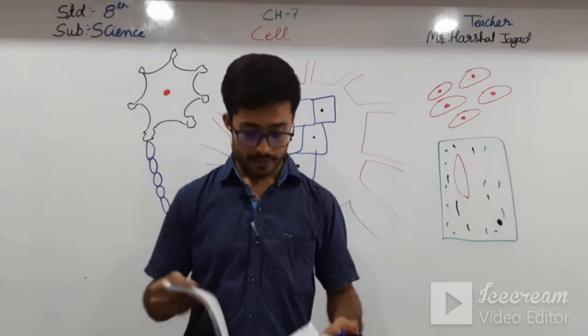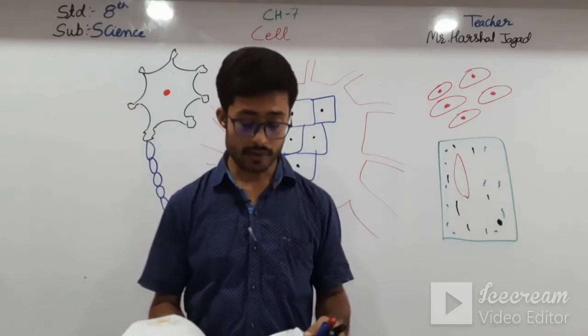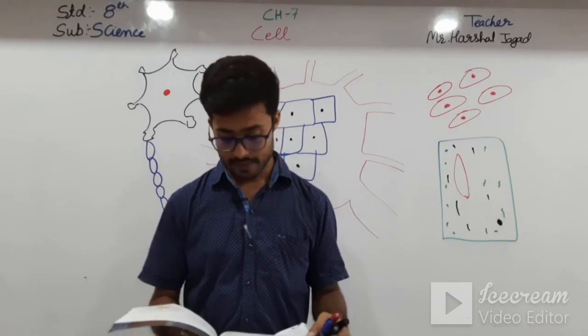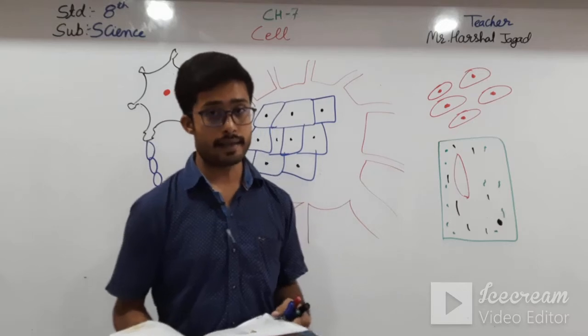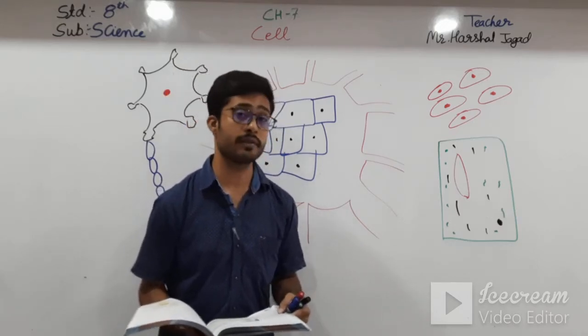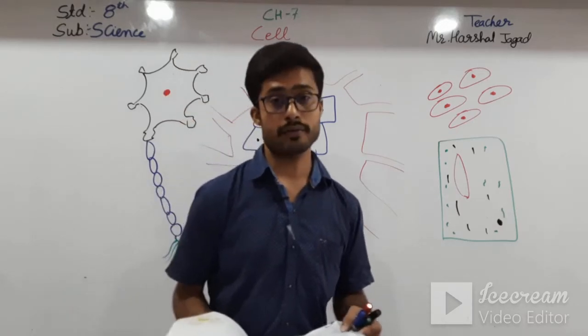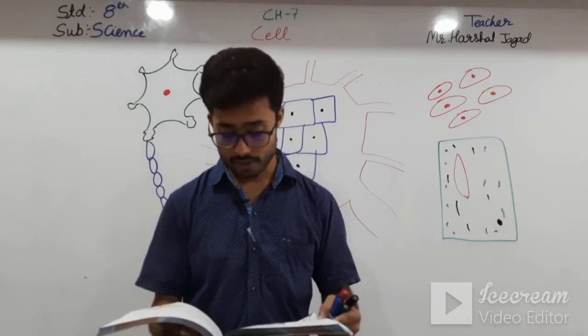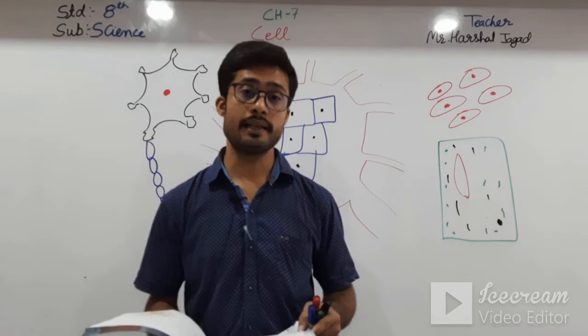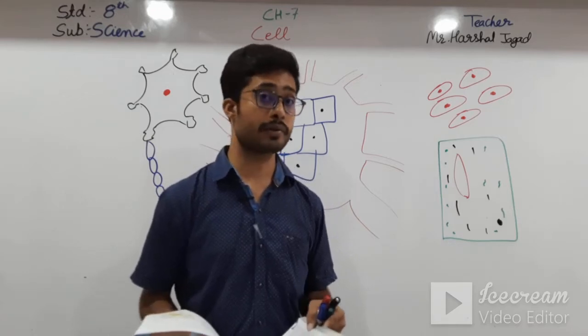Now, moving further, structure of a generalized cell. Some of the main parts of the cell are given, and in the next video I will draw the figure of the cell. Okay students, in today's homework you have to draw the cell structure, the main parts of the cell, and in the next video I will say how to draw.